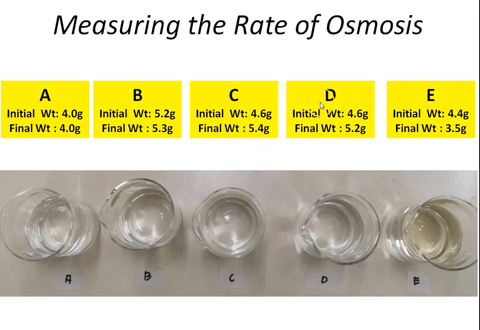For cellulose sac D or number 4, we have an initial weight of 4.6 grams and a final weight of 5.2 grams. And for cellulose sac E or number 5, it had an initial weight of 4.4 grams and a final weight of 3.5 grams.